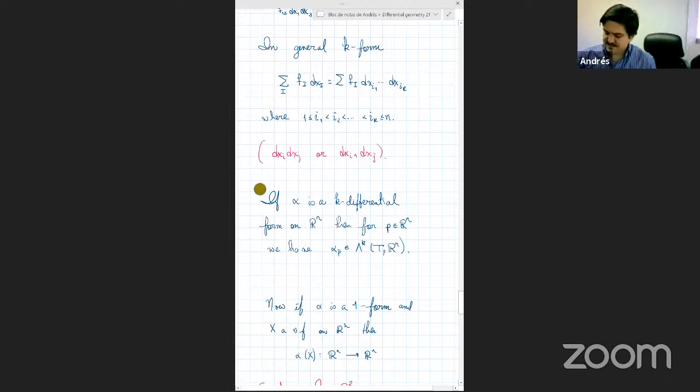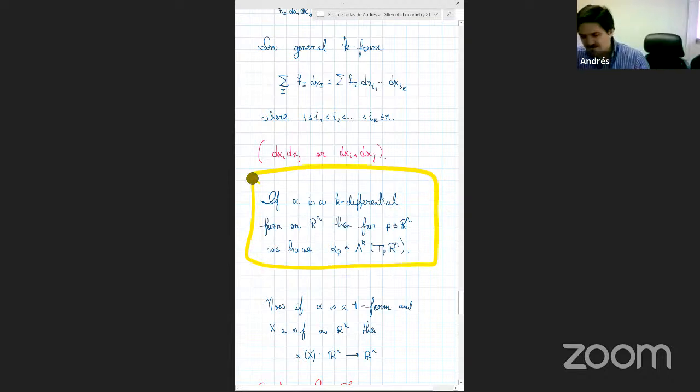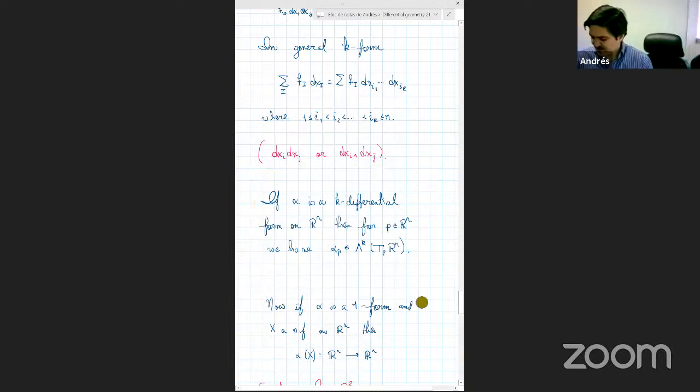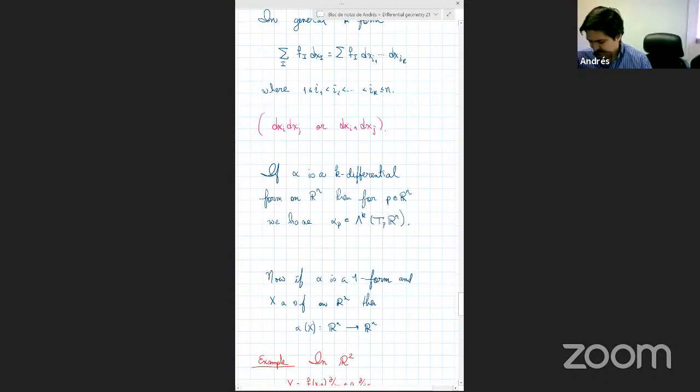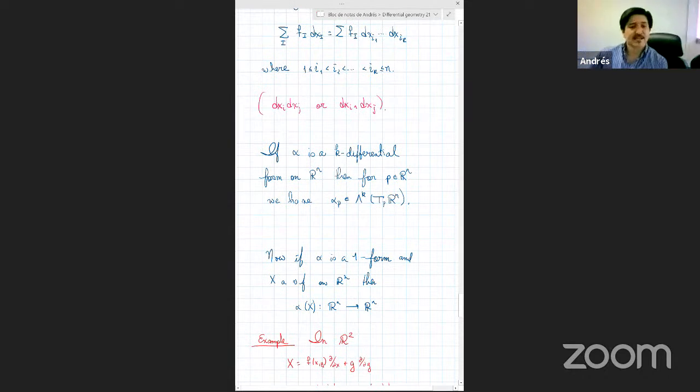Now, so this is like just the review of everything above. Now, I'm just going to review here some other useful facts that you have seen on differential forms. Right? If this lives in the dual and lives on the vector space, if you evaluate, you get a number. But in this case, it's a one form on a vector field. When you evaluate this, you get a smooth function. And again, this is just to review what I have said before about the duals. Let's do it on R2. And the vector field looks like this, ddx and ddy.